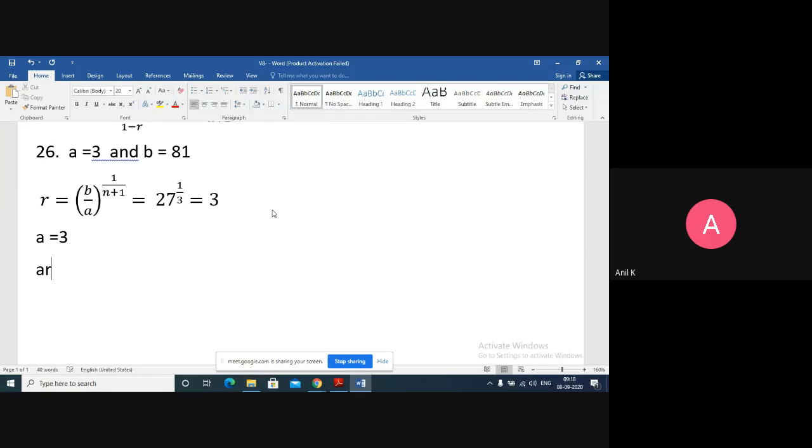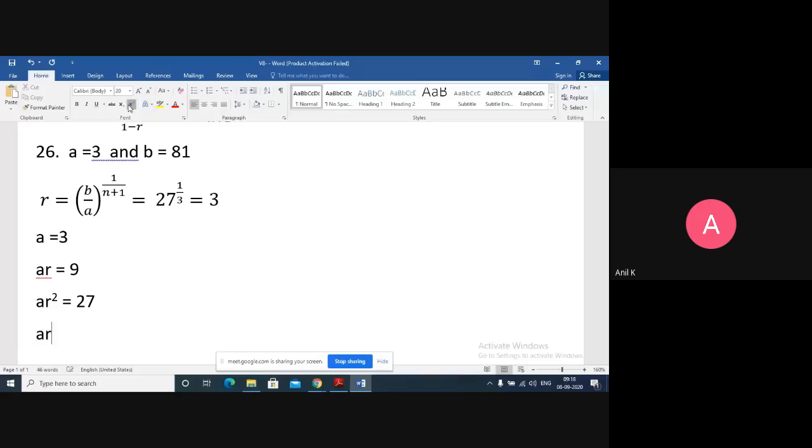Next one is AR, that is 3 into 3, which is 9. Then I have AR square, which means 3 into 3 square, which is 27. The next term is AR cube, which is 81.